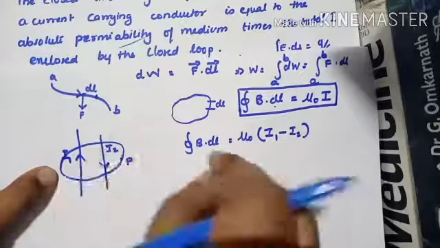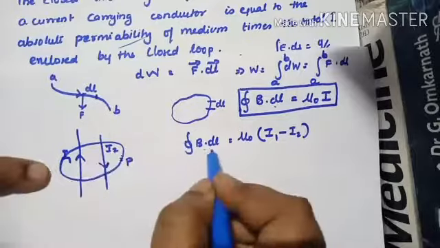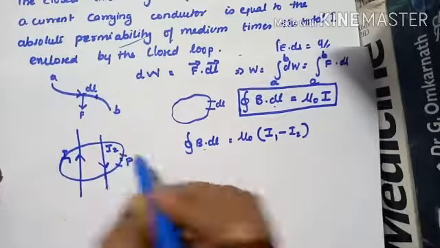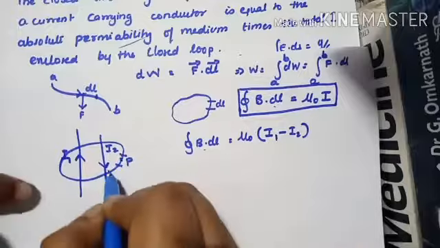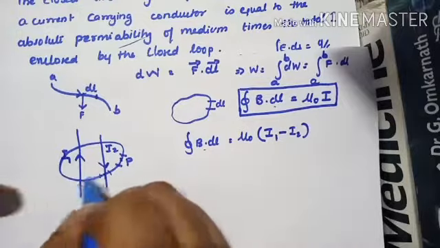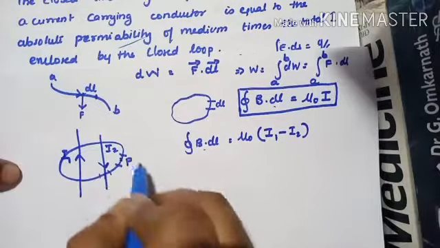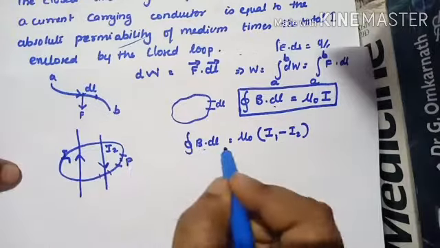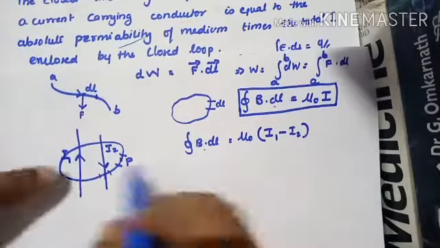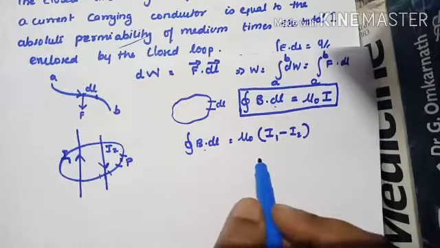B dot dl is for a small portion, the next B dot dl will be this one. So if I consider the entire closed loop, it will be closed integral B dot dl is equal to mu 0 times (I1 minus I2).